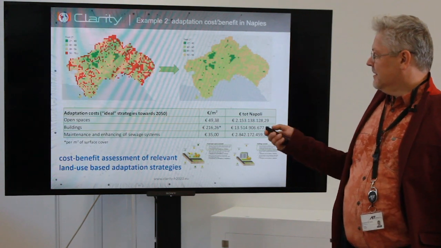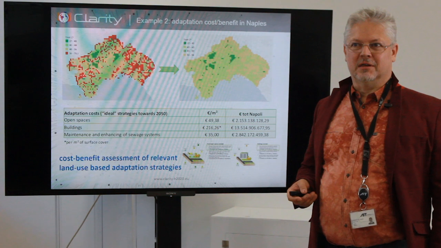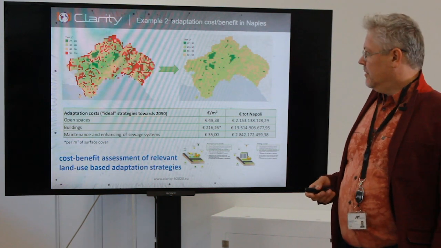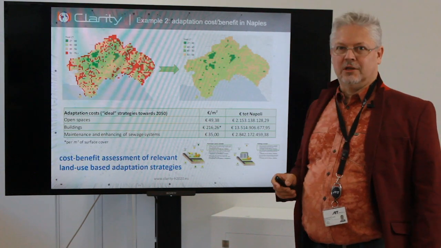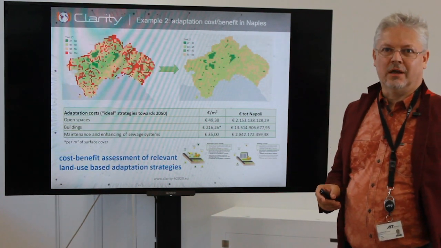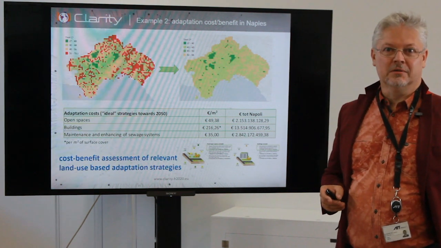And this is another example from the city of Naples in the south. There, as you can see, we calculated how much such adaptation options would cost. And if you look at the numbers, these are actually quite high numbers.